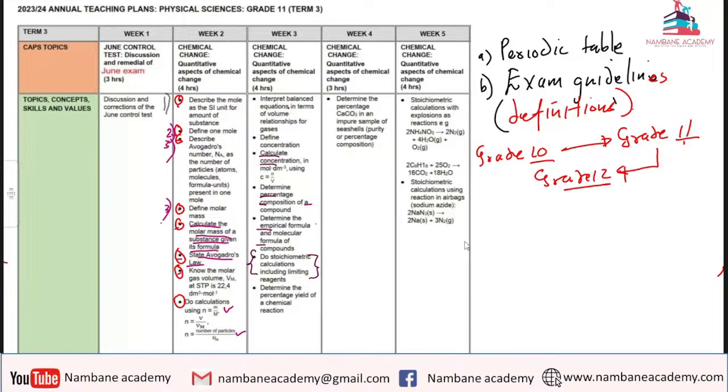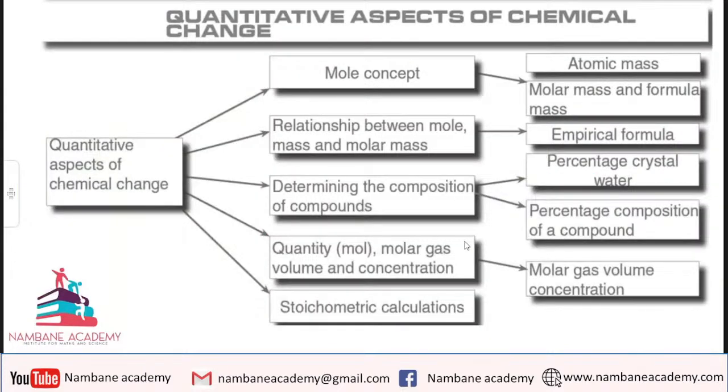The reason is I want us to build basic principles of stoichiometric calculations before we introduce complex stoichiometric calculations that will involve the limiting reagent. So without wasting any time, let's move into what we did yesterday.